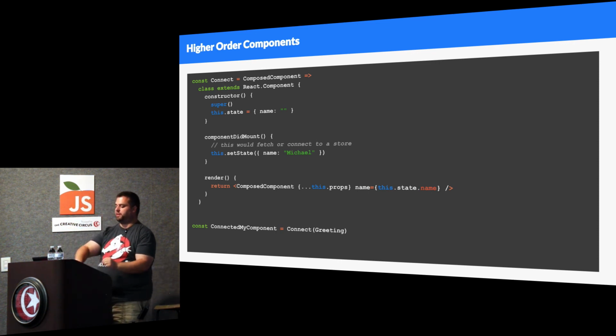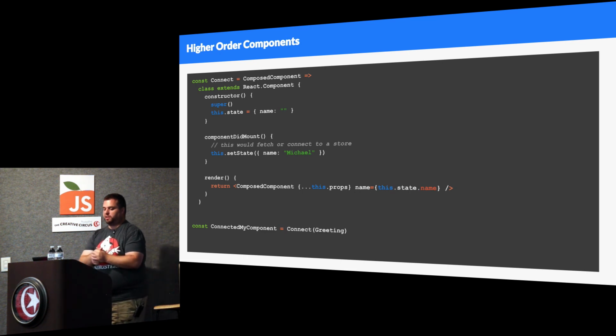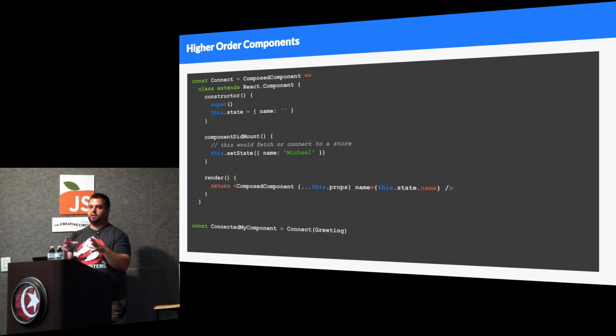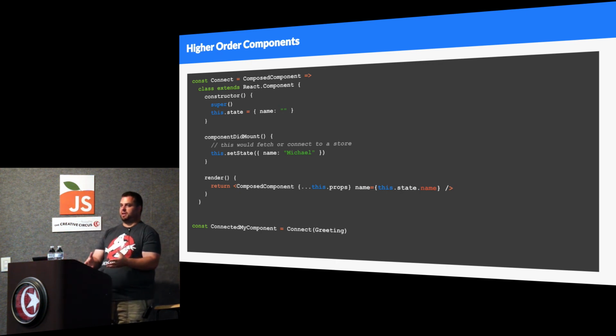So what it's doing here in this case is when component did mount, it's doing this.setState, name is Michael, and then in the render function, it's returning the whole component. It's adding whatever this.props got passed in, and then name equals this.state.name, right? So that's a pretty contrived example.